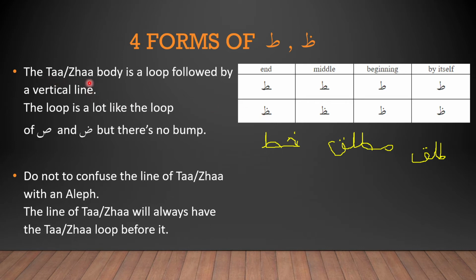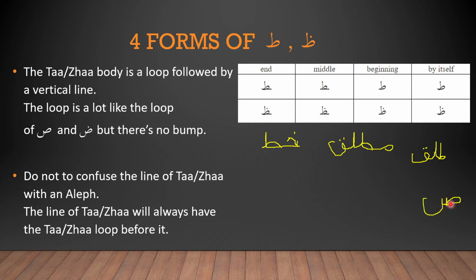The Taa Zha body is a loop, which I showed you, followed by a vertical line, which I showed you. The loop of the Taa Zha body is a lot like the loop of Sad and Dad, but there's a bump. Now what bump is he talking about? This bump is like this. See, when you go, this is like the Taa Zha loop, right? But when you put like this and like this, it becomes Zad or Sad.